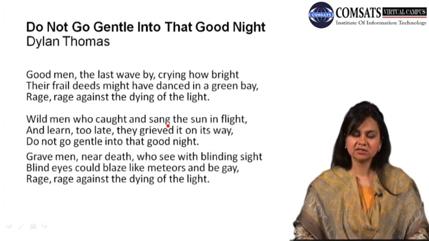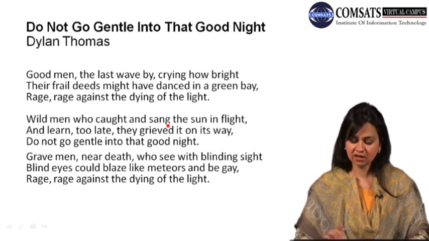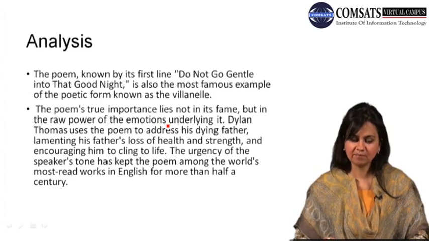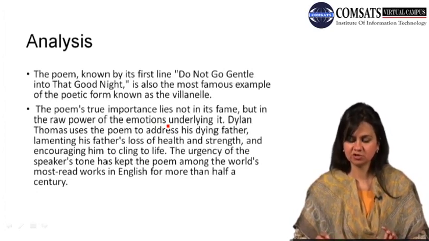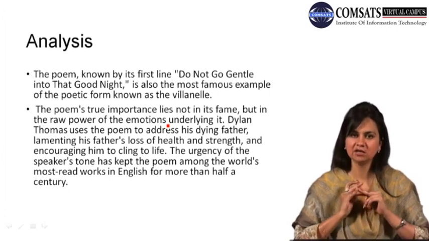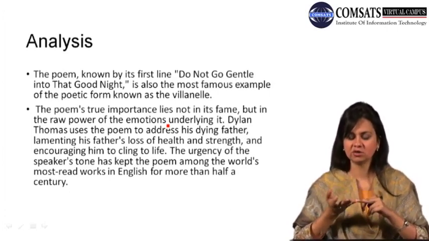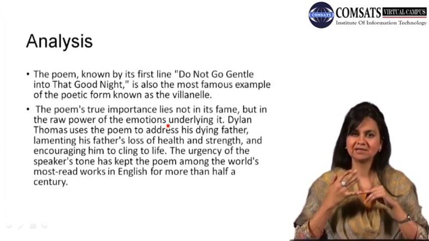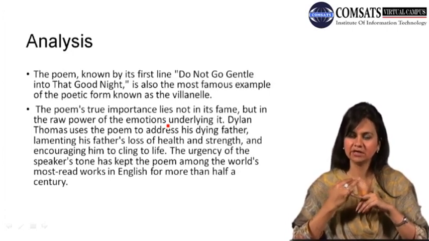Now let us look at the very idea of how the poet composes the poem, and what its effect would be on the reader. We have seen the two stanzas of the poem, in which we find firstly a command forbidding the reader or listener to accept death calmly or quietly.